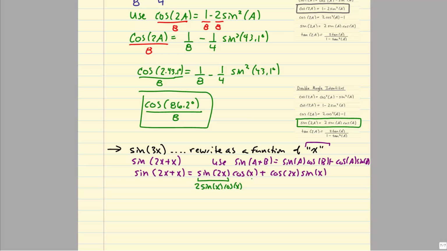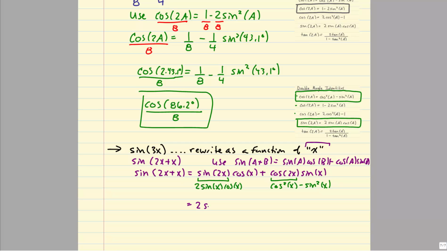And of course this one I would leave the same. This one I'm going to have to rewrite though. And when I rewrite the cosine of 2x, I have 3 options. These 3 options right here. So I could really choose any of them. I think that this one, since everything is in terms of sine and cosine, I'm going to choose this top one and see if it helps me get this simplified. So I'm going to use cosine of 2x is equal to cosine squared of x minus sine squared of x.